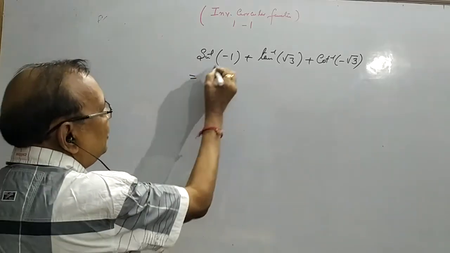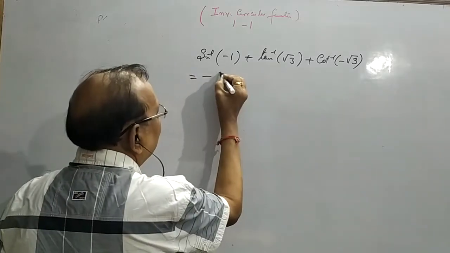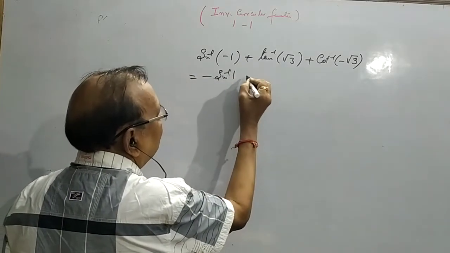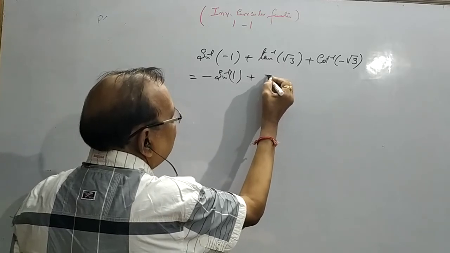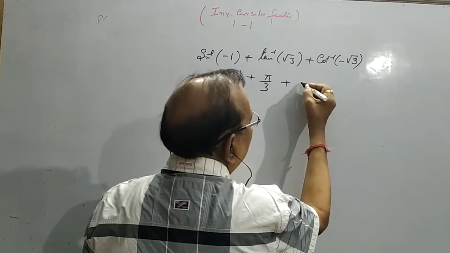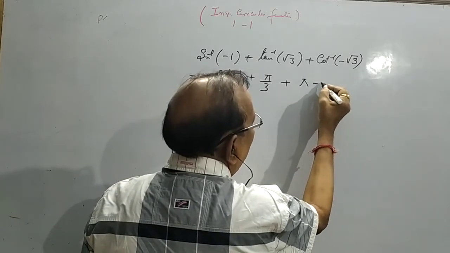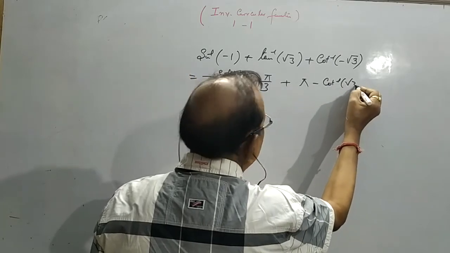That is sine inverse minus 1 will be minus sine inverse 1, plus, that is quite simple, pi by 3, plus that will be pi minus cot inverse root 3.